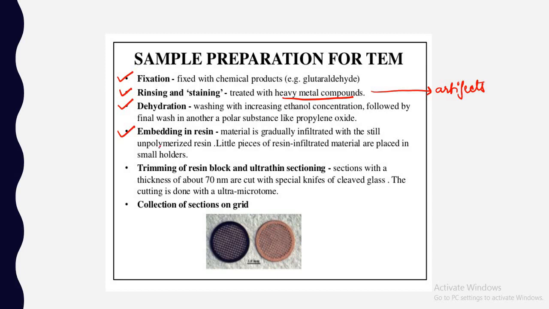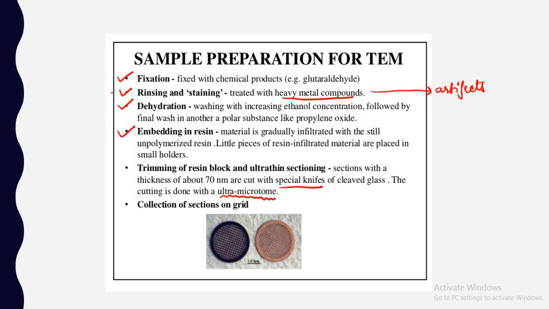After that, you have the next step, which is trimming, that is, ultra thin sectioning. You need a very thin section of the specimen. Why? Because electrons are passing through the specimen. They are cut with a special knife or by an instrument known as an ultramicrotome. Very thin slices are cut.